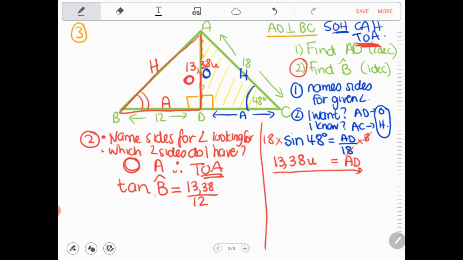Again, now we're looking for an angle, so this tan must move to this side. So angle B is going to be arctan 13,38 over 12. Remember, you're using shift or second function to get arctan.